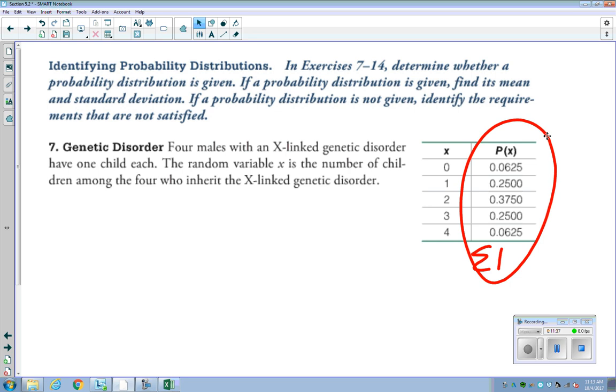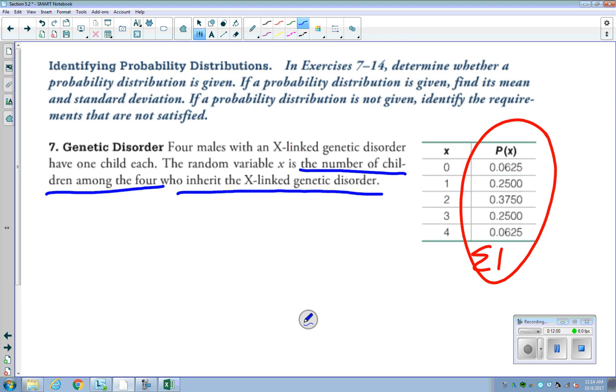So let's just talk for a second about what that chart is telling us. That chart says the 4 males with the X-linked genetic disorder have 1 child each. The random variable X is the number of children among the 4 who inherit the X-linked gene disorder. So, for all 4 of those men to have 1 child each, and none of those children have that genetic disorder, it has a 0.0625 probability.